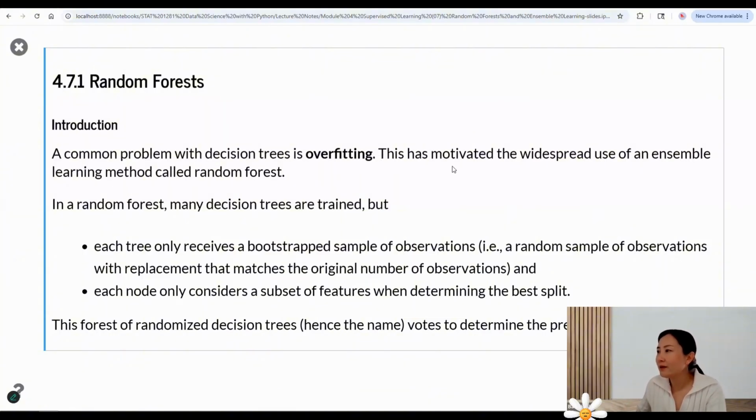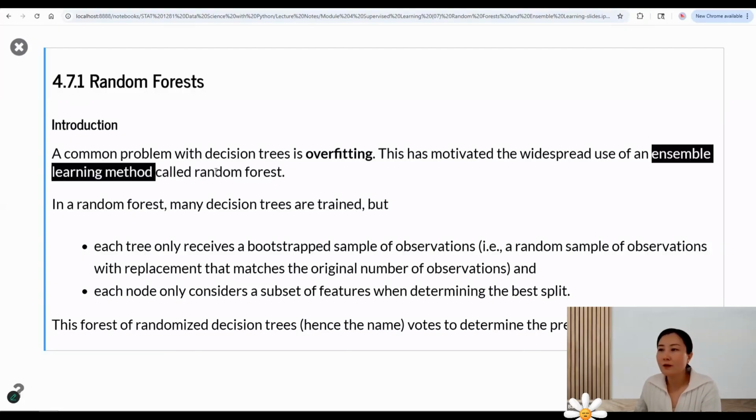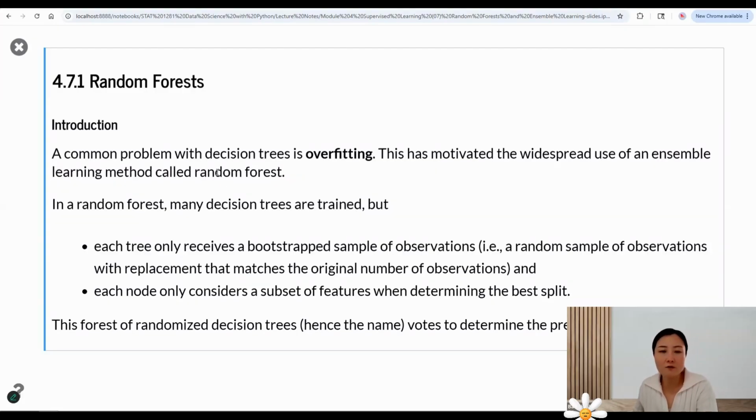Random forest is one ensemble modeling method. An ensemble is a collection of models. And random forest is a special case of ensemble methods because in this ensemble, all of the models are essentially the same algorithm, although they may use different data sets.